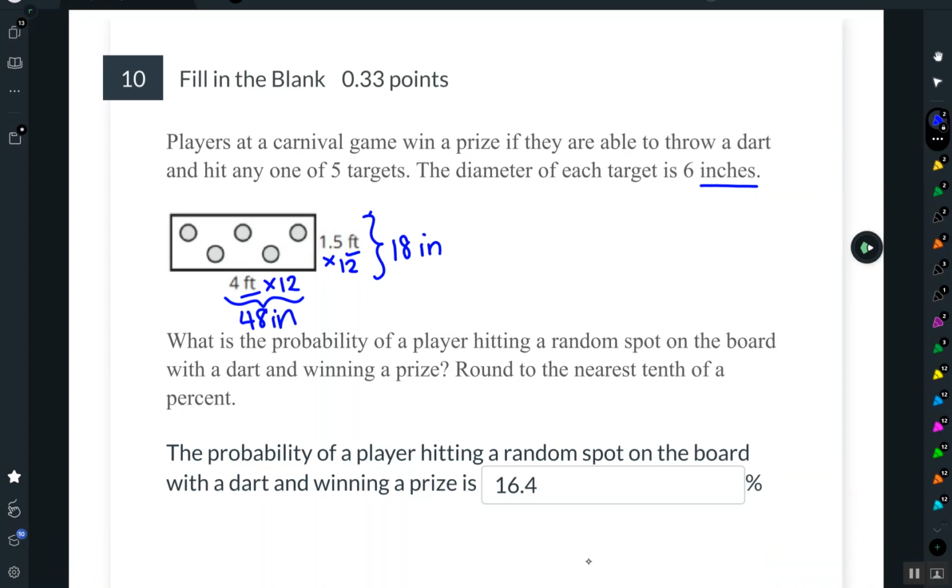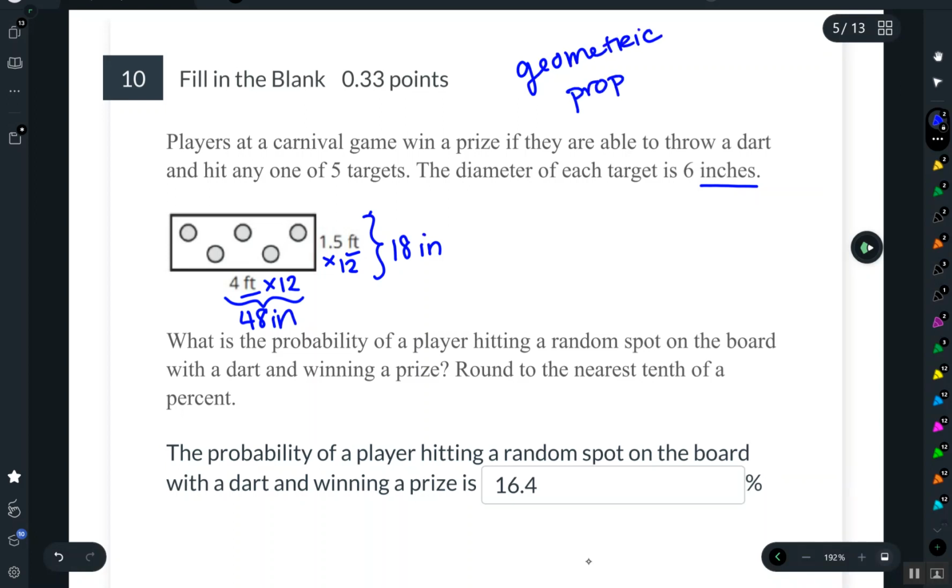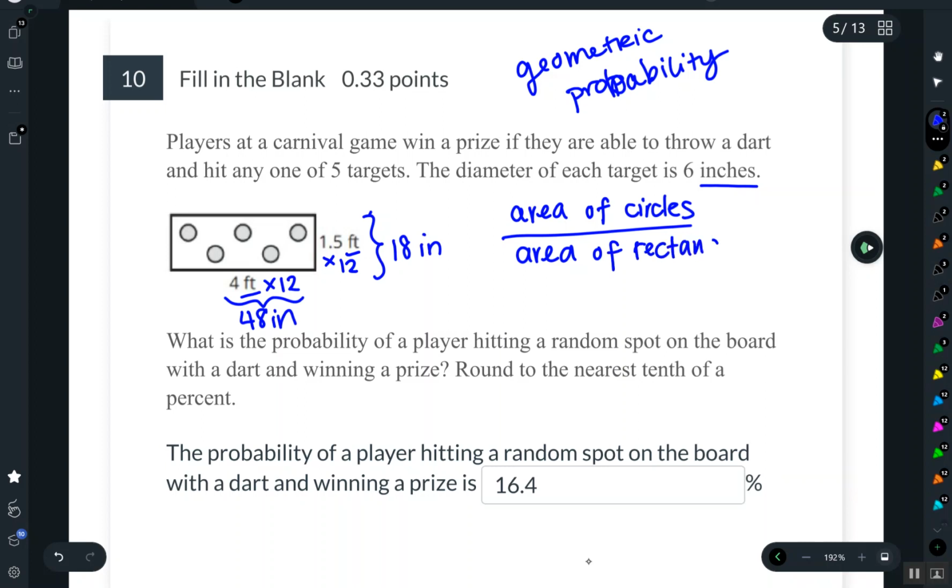Okay, so this is geometric probability, which has to do with area. The area of the darts compared to the area of the whole thing. So we need to do the area of the darts, which are the circles, and divide it by the area of the whole thing, which is a rectangle. The diameter of each target is 6 inches, which means the radius is 3 inches.